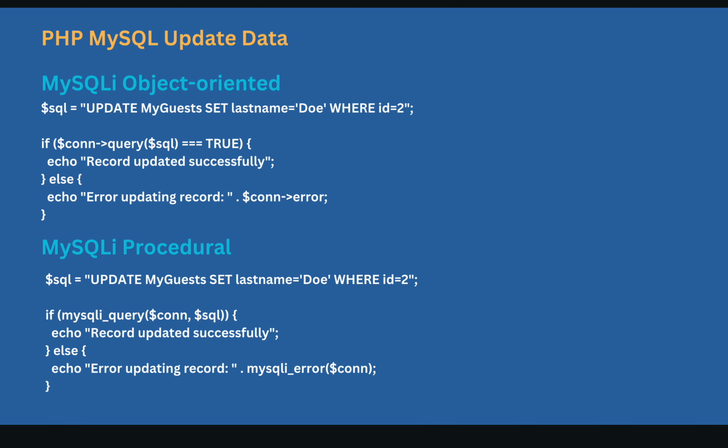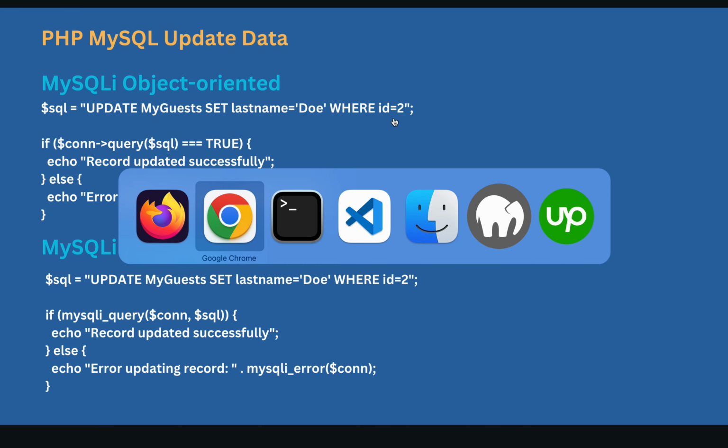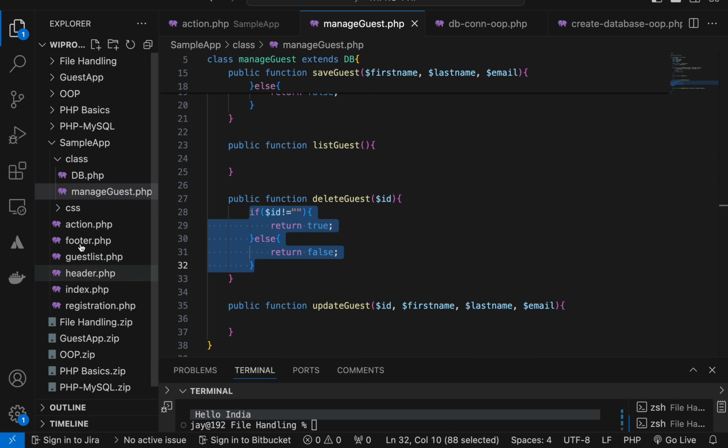Yes, sir. And where id equal to whatever you are supplying, right? And how will we run this one? Similarly, it should return either true or false. Your query should be prepared, right? So let us see.